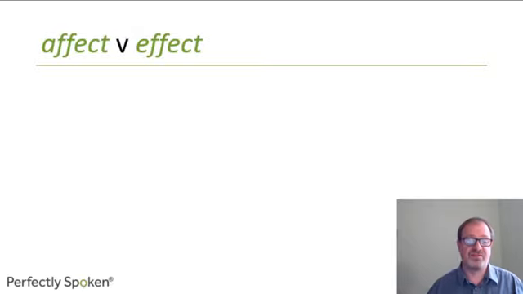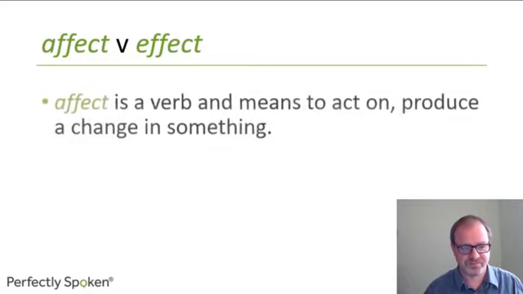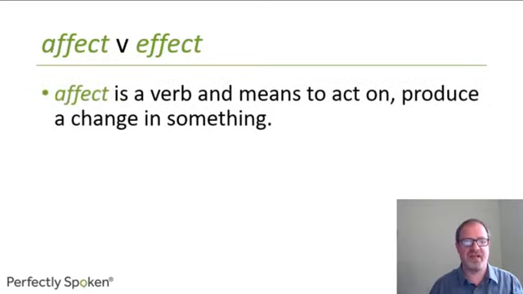Now, these are words which even for native English speakers sometimes cause a bit of confusion. You have the words affect and effect. Affect is a verb and it means to act on or produce a change in something.